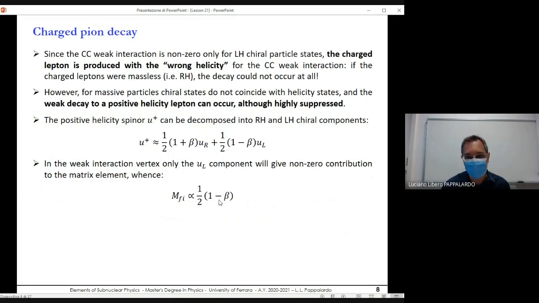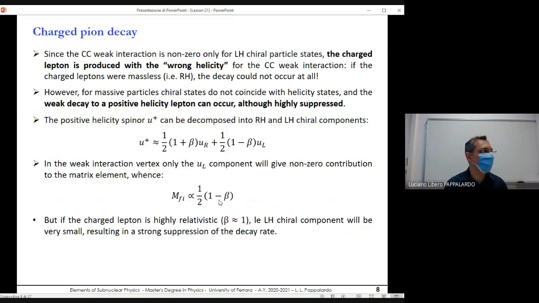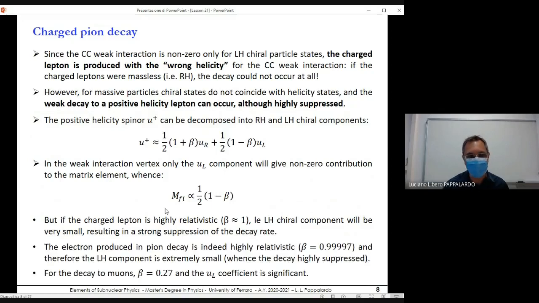What does it mean? This means that if your charged lepton is highly relativistic, so beta is close to 1, then this object is close to 0. If, on the other hand, your charged lepton is slow enough that beta is much smaller than 1, then you have some probability to occur. And this is in fact what happens between the electron and the muon.